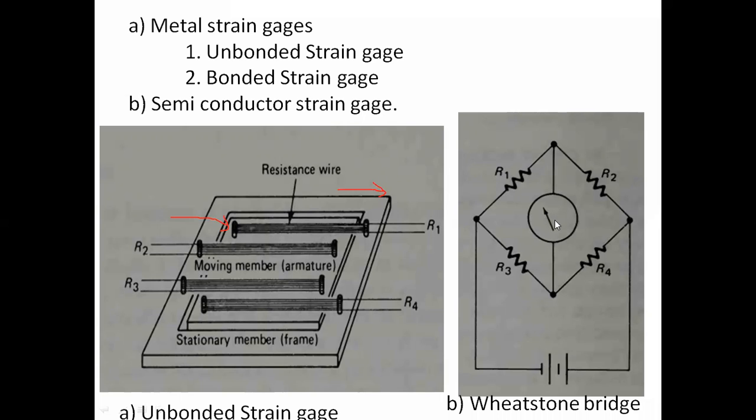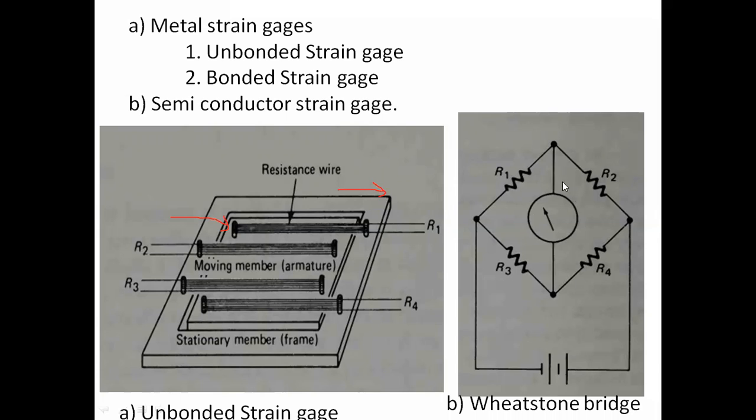So that meter will move the deflection pointer. That pointer will give the value of the change in current. So this meter will be calibrated in terms of the strain. So like this, we can use the unbonded strain gauge for measurement of the strain.